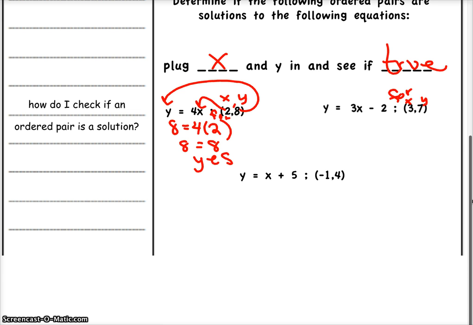You put the x where the x is, you put the y where the y is, and you rewrite. Does 7 equal 3 times 3 minus 2? Yes, it sure does. 7 equals 7, definitely.